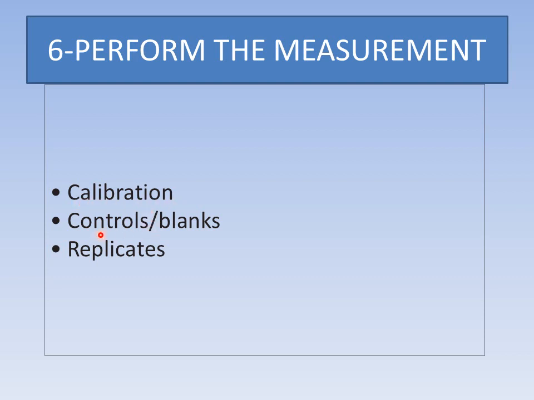And to run the process, we need different controls and standards, and we need blanks if we are using spectrophotometers or chromatographs, etc. Then we run our sample in replicates, generally 3 replicates. The sample is run through the instrument so that our results could be reliable. So these are the different steps which are taken during measurement.